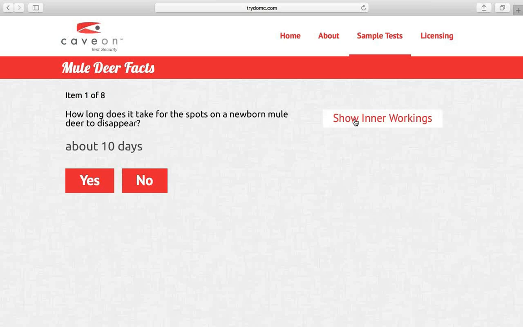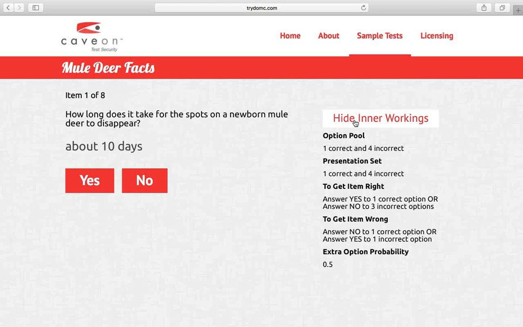I'm also going to show you a little bit of the inner workings. This is only on the sample test. This particular bit of information would not be presented to examinees in general. But in this case, this talks about this particular item. Supporting the item are 5 options, 1 correct and 4 incorrect. All of those may be presented.